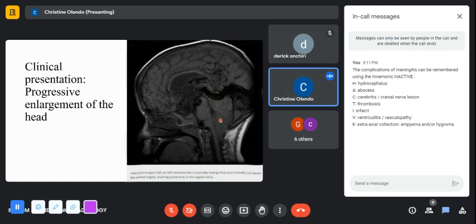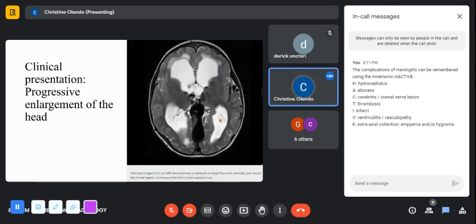It was a scrollable image, so I just took a few representative images, and here we're seeing the larger flow void with multiple joining tributaries, which are the smaller flow voids that are visible there, and we have hydrocephalus as well, dilation of the lateral ventricles.